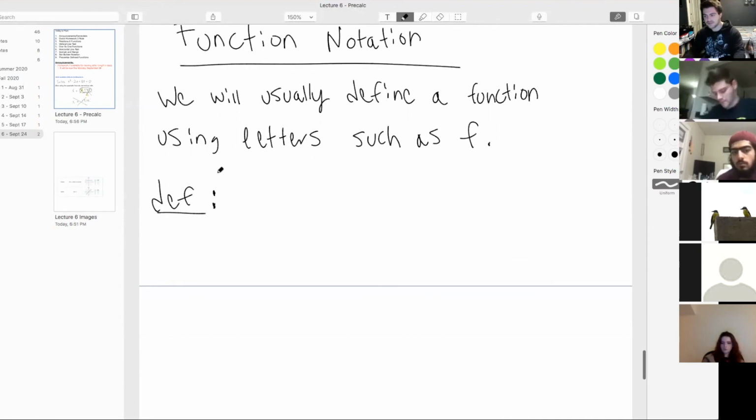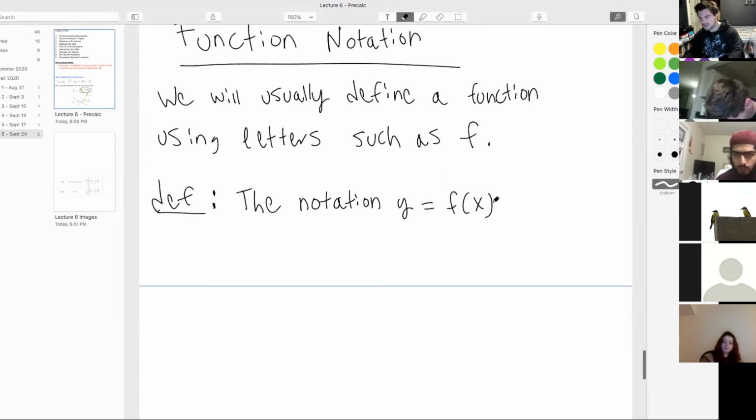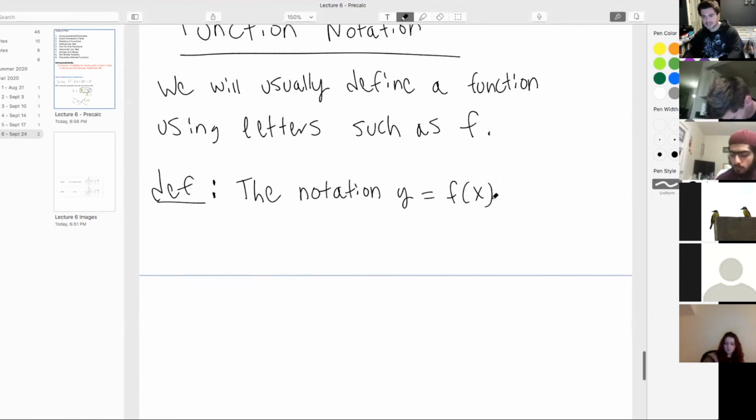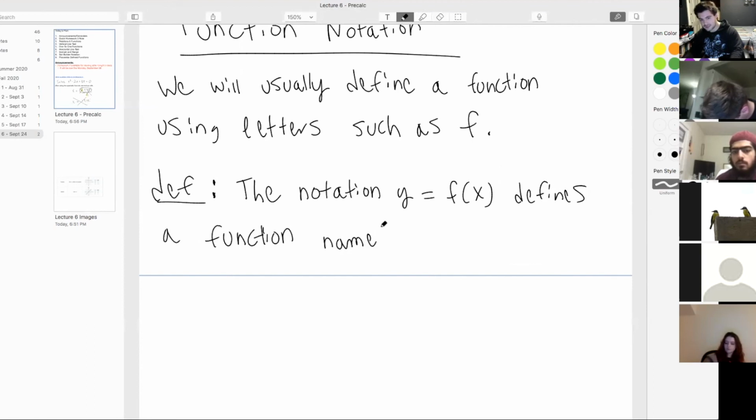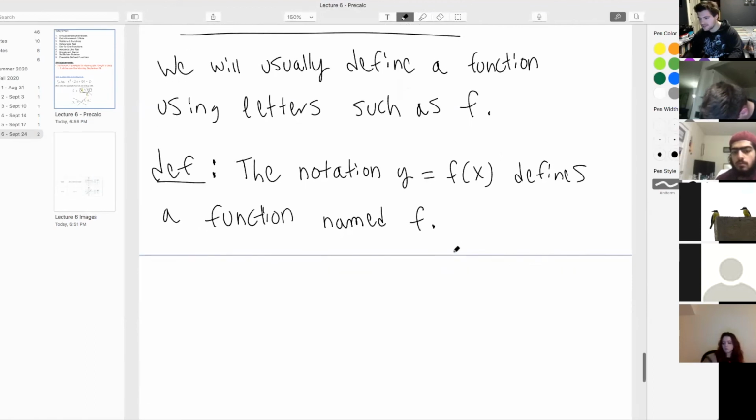So here's a definition. The notation y equals f of x, so y equals f and then in parentheses x, defines a function named f. We're going to call this f.